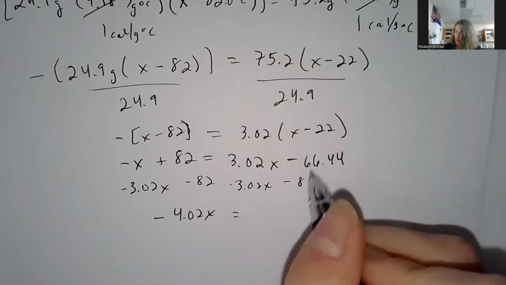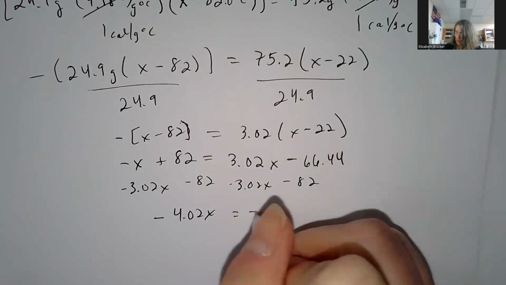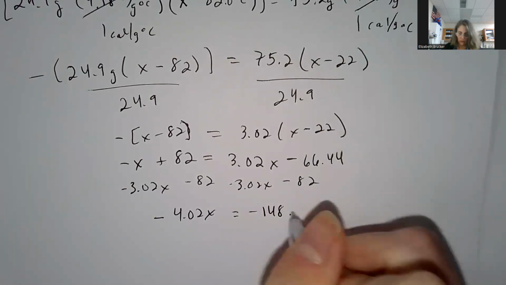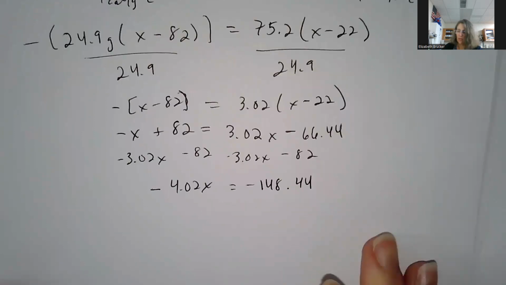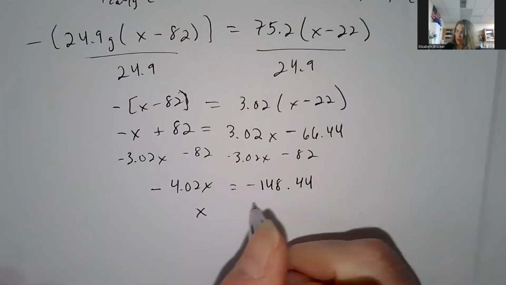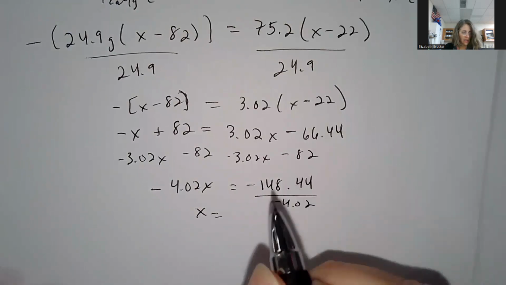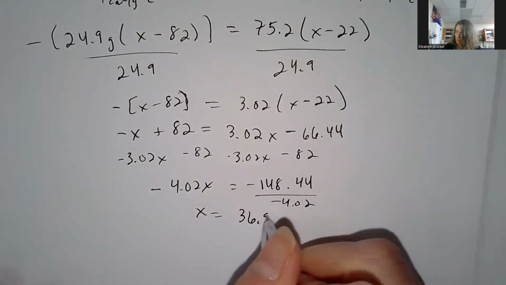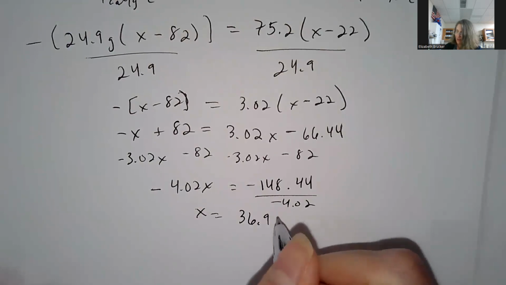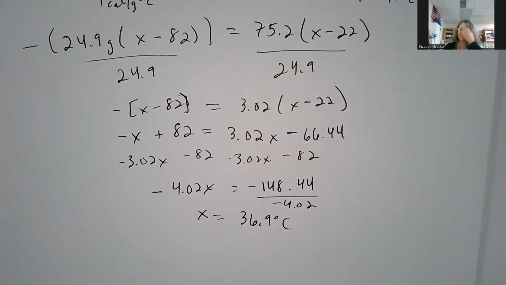And when I add these up, and they are both negative, negative 148.44, I then divide it by negative 4.02 to get my x, and my x comes out to be 36.9 degrees Celsius. That's what my x turns out to be.